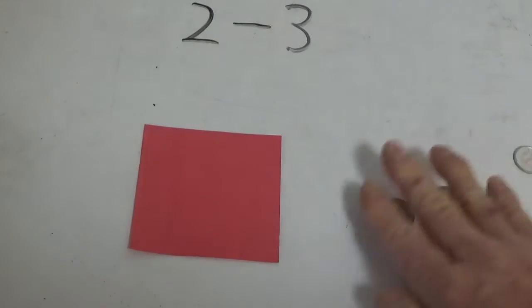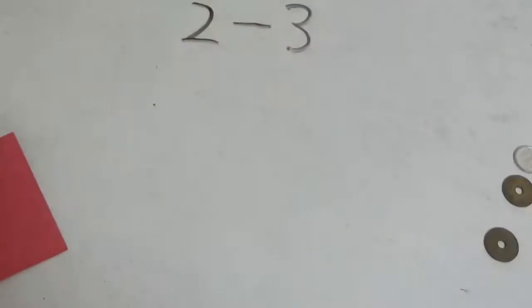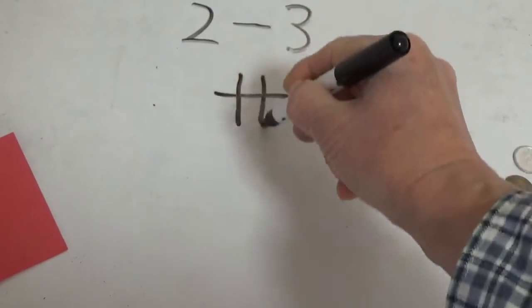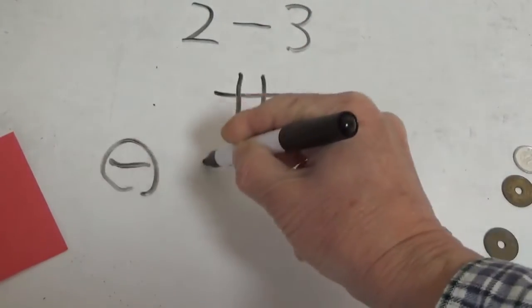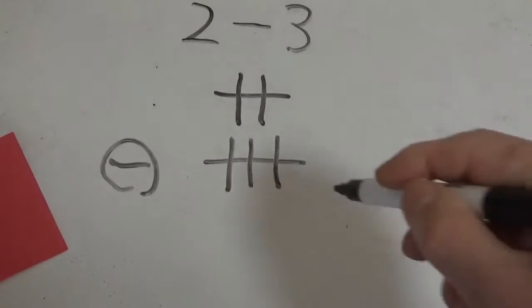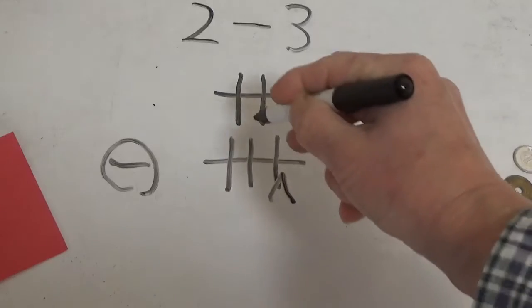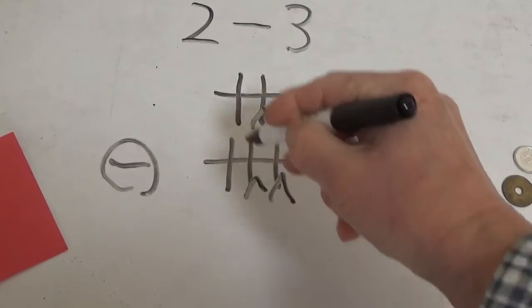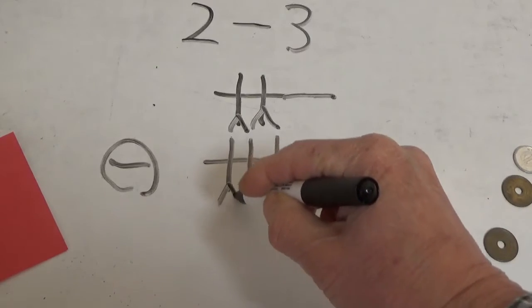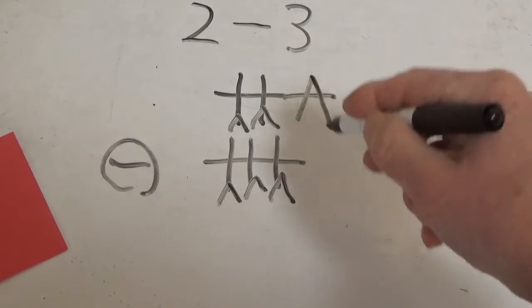Alright, let's do this calculation by lines. 2 minus 3. Okay, this is subtracted, this is subtracted, and it is 0, but this should be subtracted.